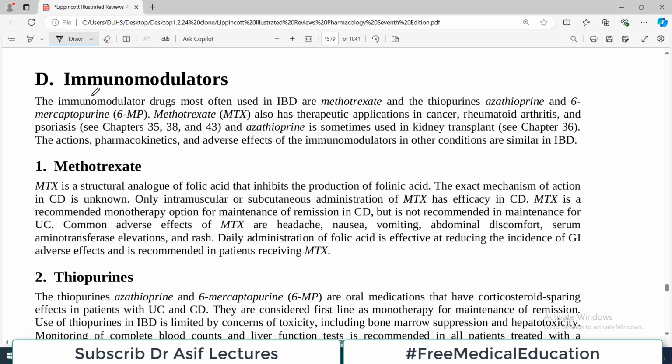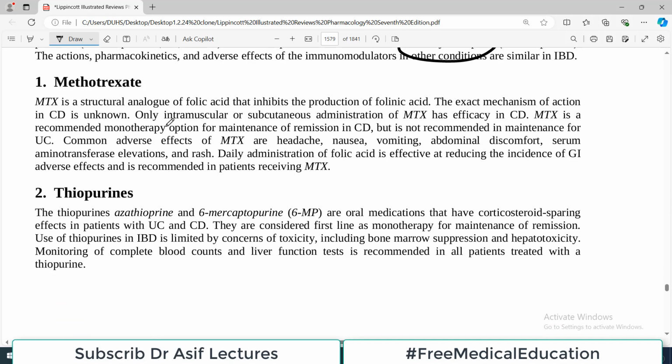So, obviously, as the name indicates, they will modulate the immune system, and they include methotrexate, azathioprine, and mercaptopurine. Methotrexate has also been used in several cancer conditions, also in rheumatoid arthritis, and azathioprine is sometimes used in kidney transplant, because of their capacity to affect proliferating and immune cells.